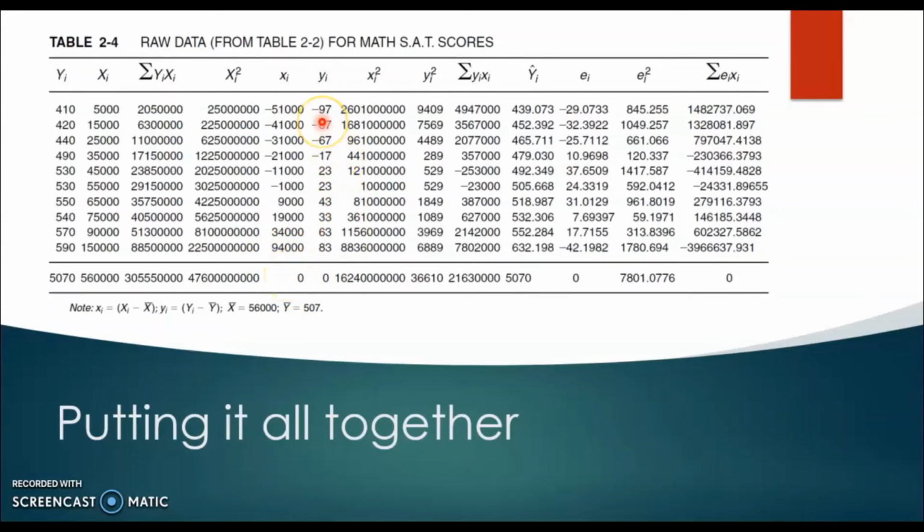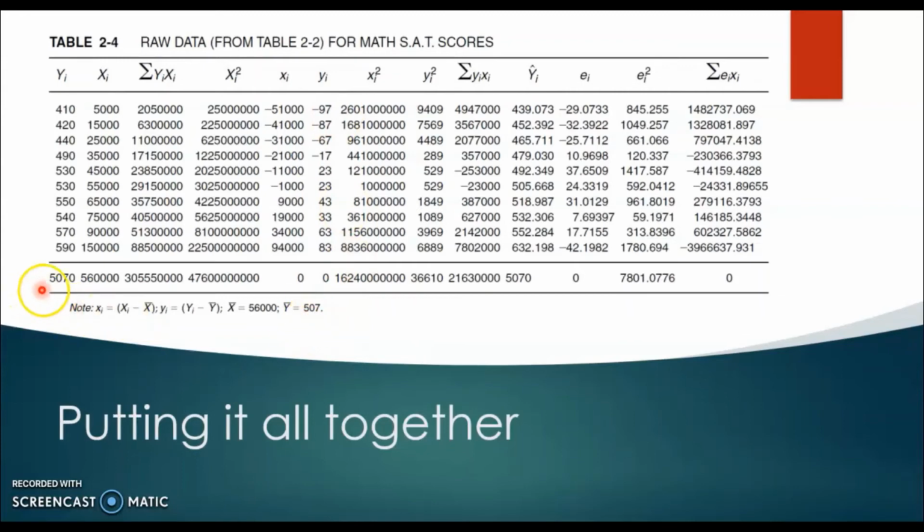And of course, on the next column, we have the deviation of y from its mean value on each observation. So 410 minus its mean value of 507 is negative 97. So how do we get this 507?